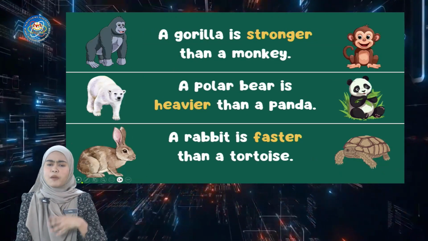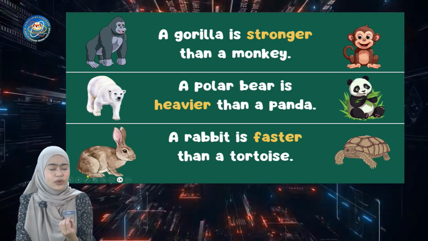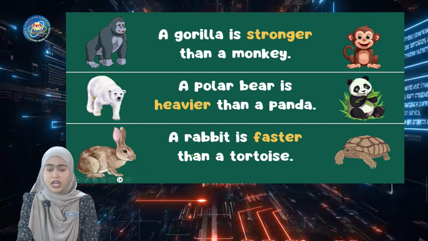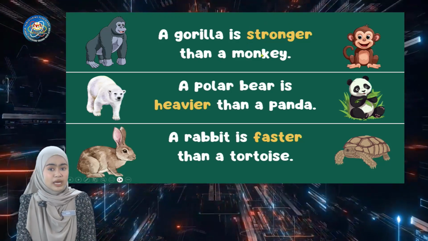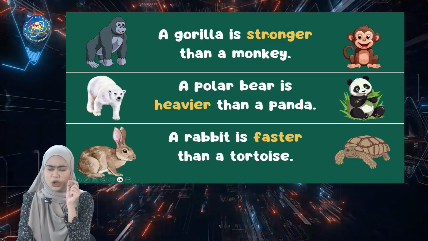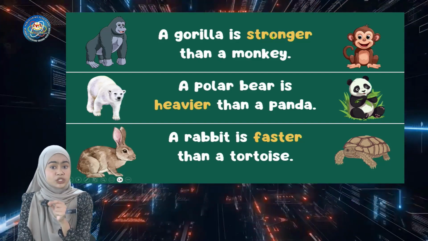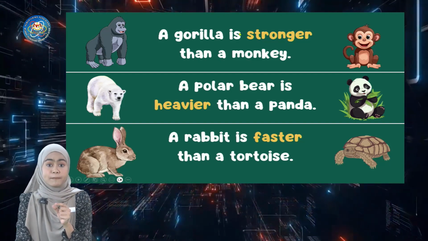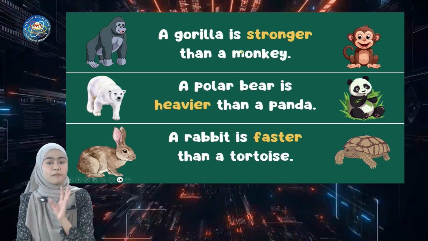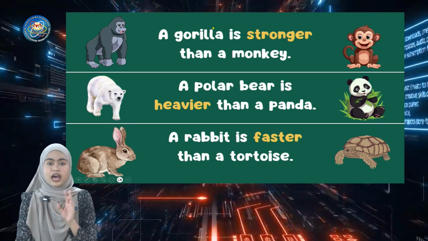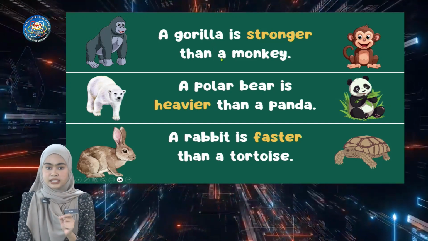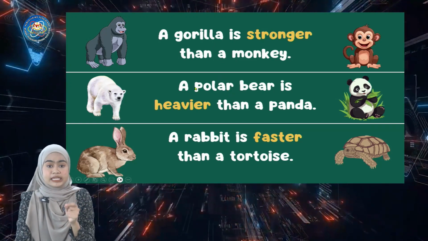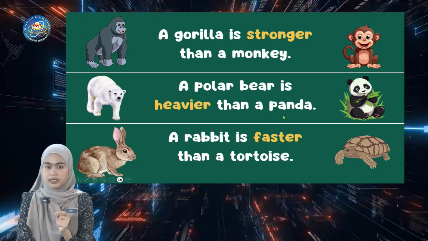Now, let's look at more examples of how we can use comparative adjectives. The first one: a gorilla is stronger than a monkey. Here the comparative adjective stronger is used to compare a gorilla and a monkey, two nouns. The second example: a polar bear is heavier than a panda.